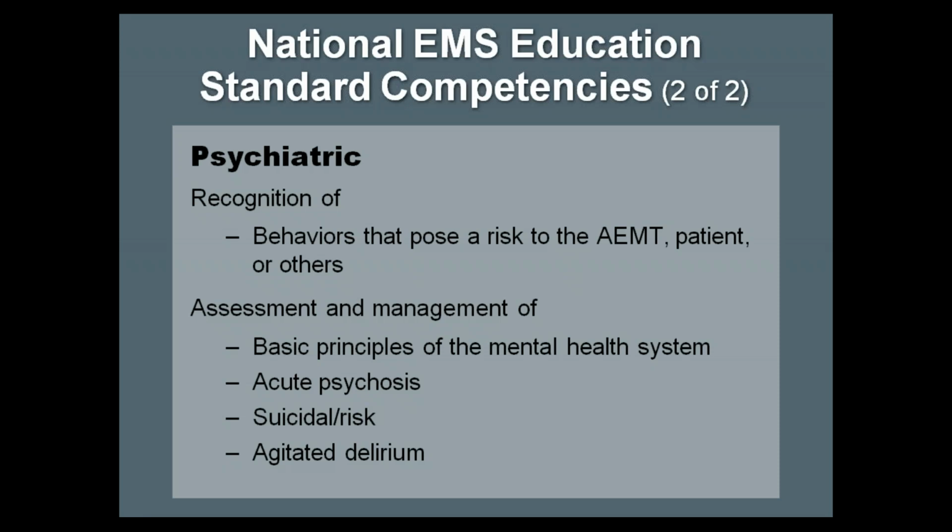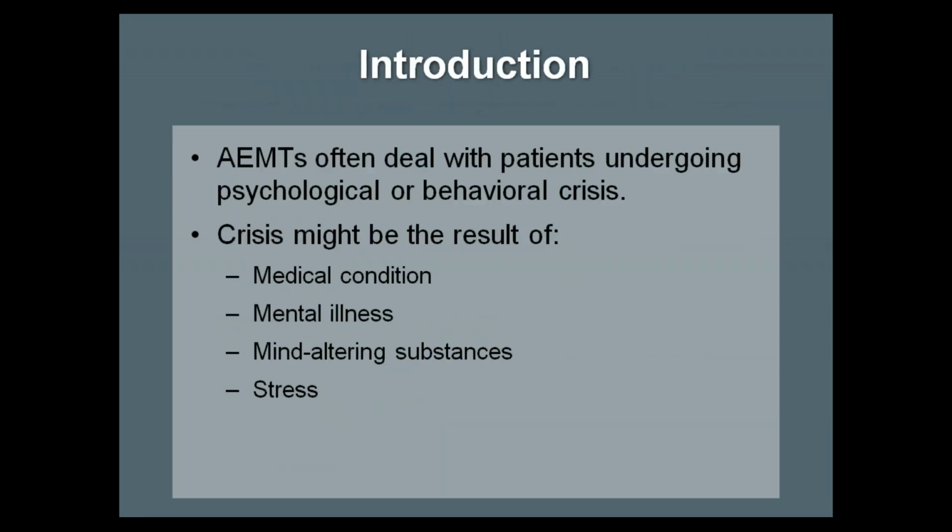The psychiatric region covers behaviors that pose a risk to the EMT, patient, and others, the assessment and management, basic principles of health system, suicidal, and agitated delirium. So again, I feel like these are just basically overviews of what type of patients we go on.